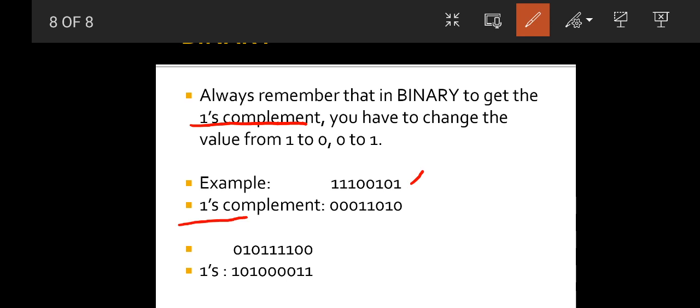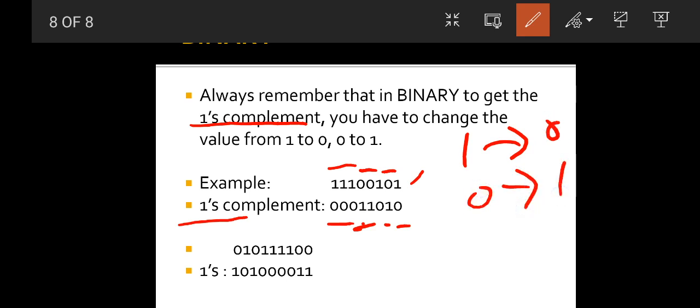So the three ones became three zeros. The two zeros became two ones. The 1 0 became 0 1. And the one 1 here became 0. So that is how to get your ones complement. You just have to change your value 1 to 0 and 0 to 1.